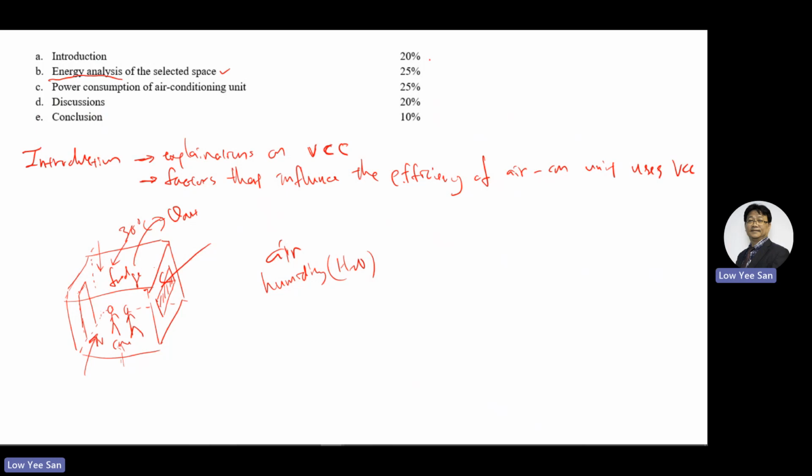Now, if you notice, on the outdoor unit you normally have water dripping down, right? So where is that water from? That water is actually from the room, from water vapor. Because the water vapor reached the dew point, it condenses into water, and the water is removed from the room.